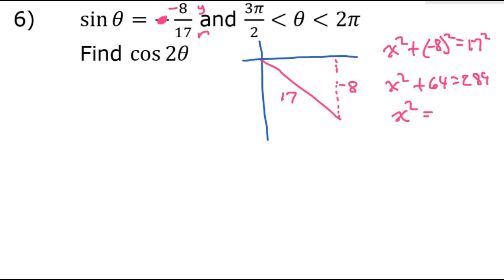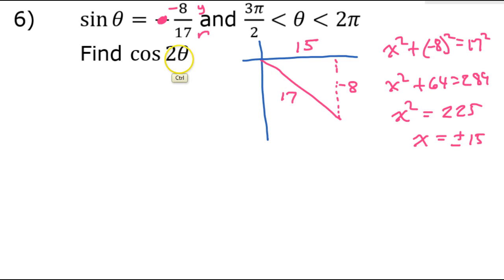So subtracting 64 from both sides, I get 225. Taking the square root, x is plus or minus 15. Okay, which is what I thought. I knew that was 15. Anyway, in this quadrant, the x value is positive, so I'm going to go ahead and put a positive 15.